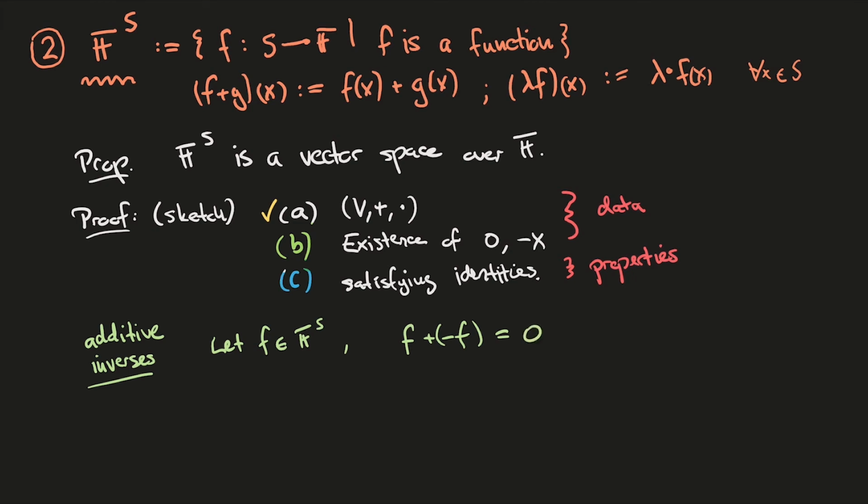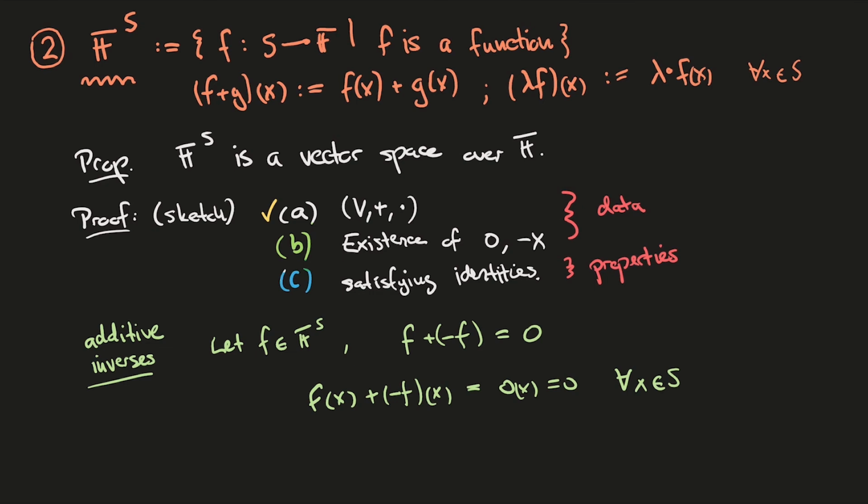Now, from the preceding discussion, we already know what the 0 element in Fs is, namely the function that maps every element of S to 0. So in terms of individual elements, this above equation for the function equality becomes that f of x plus minus f of x should be equal to 0 of x, but that's just 0, and this should hold for all x in S.